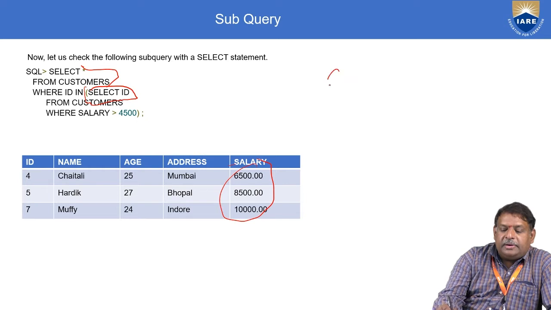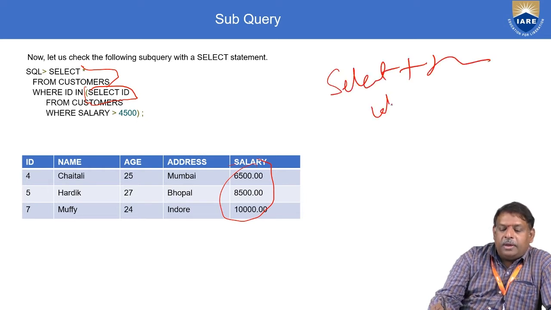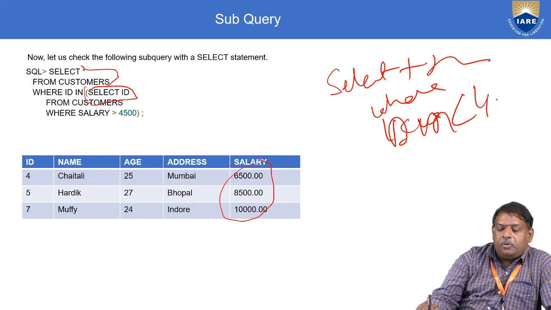It will be select star from customers where ID in (4, 5, 7).